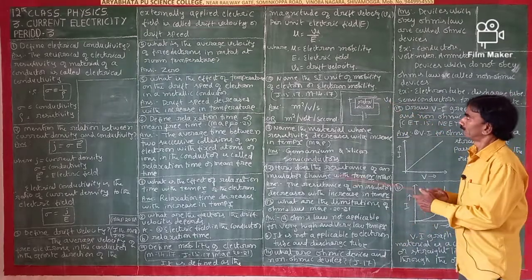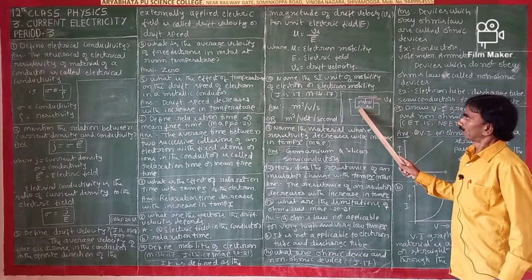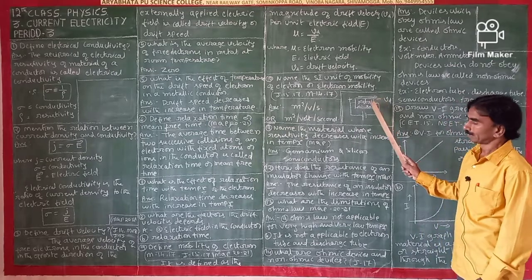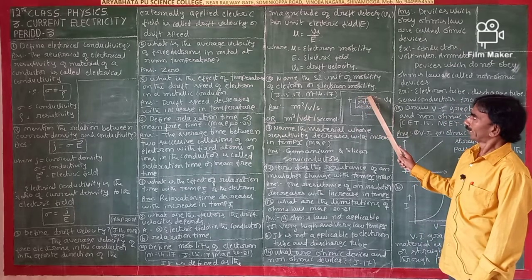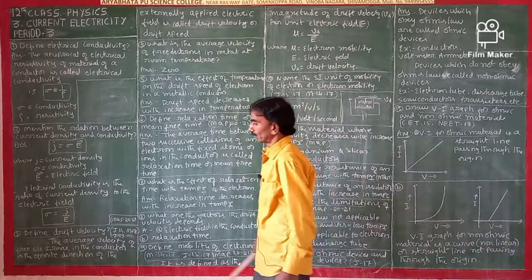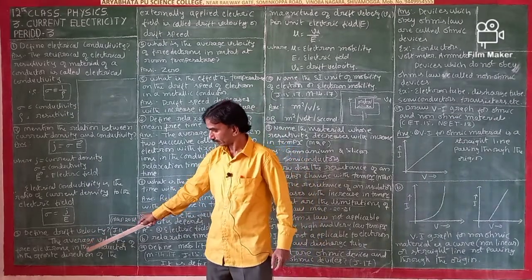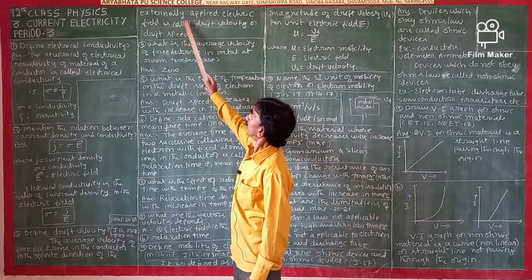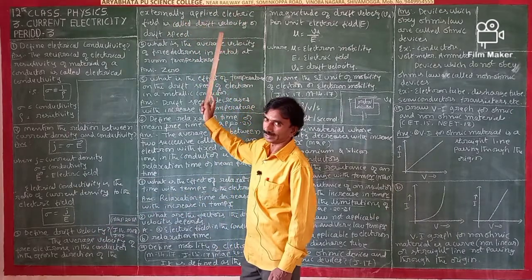So drift velocity is the velocity of the electrons in the opposite direction when an external electrical field is applied.